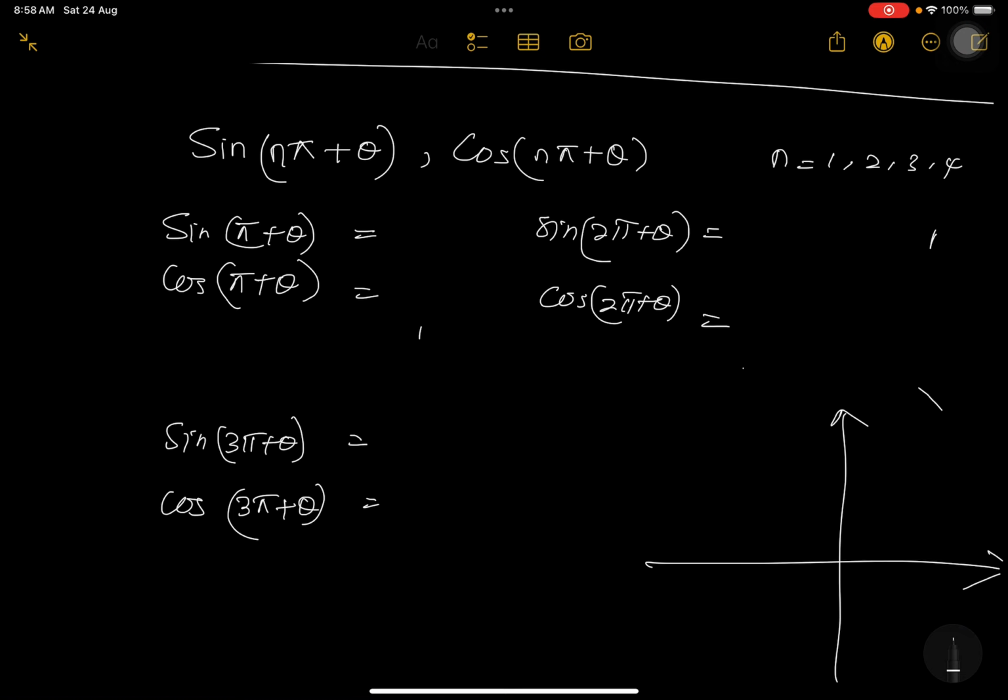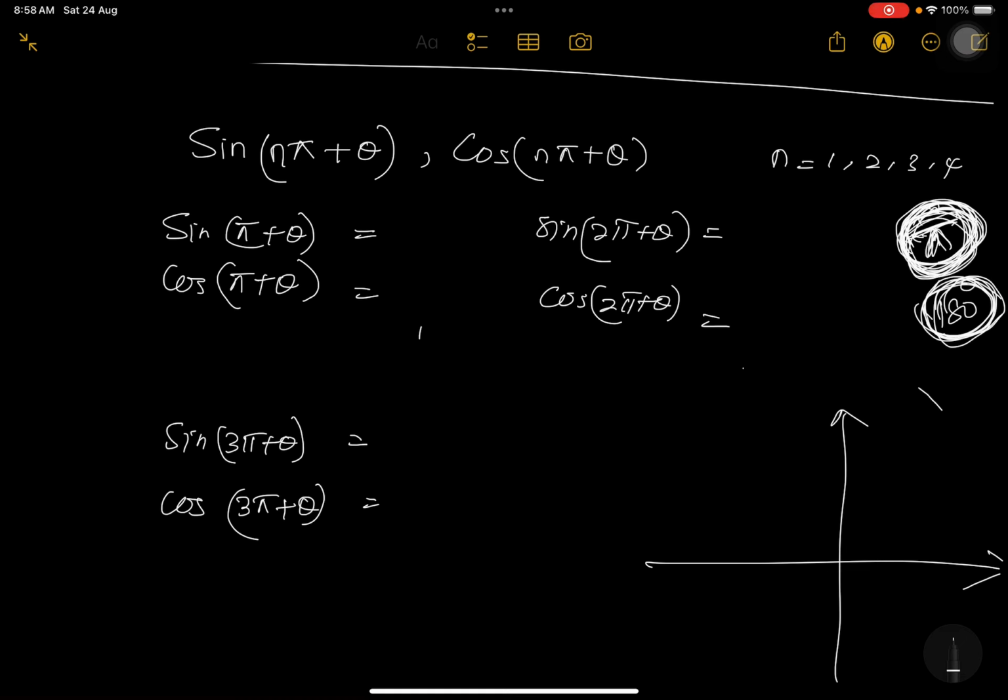Pi means, I will teach this in the next steps. What is meant by this pi and why is it related to 180? Pi is 180 degree. Pi is another unit called radian to measure an angle. Normally we use degrees to measure the angle, but there is an SI unit for measuring angle, which is pi.